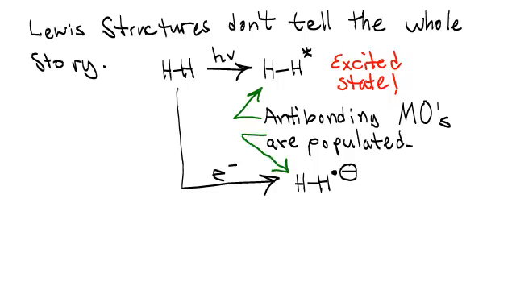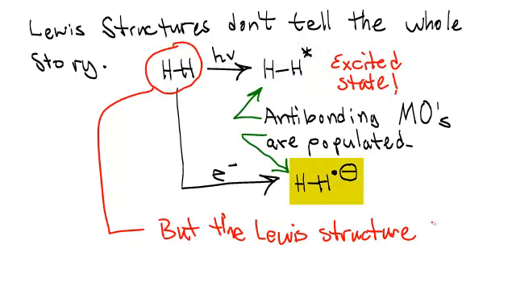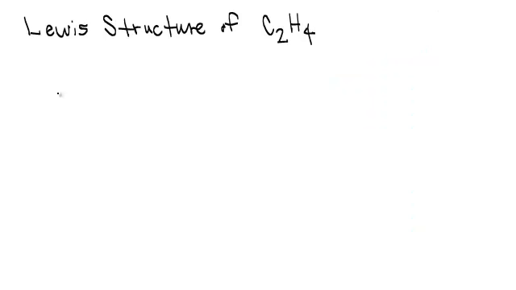In both of these species, the excited state of hydrogen and the reduced H2 minus, we have an occupied antibond. But the Lewis structure does not even show the antibonding molecular orbital, even though its chemistry is necessary to describe that of the hydrogen molecule.